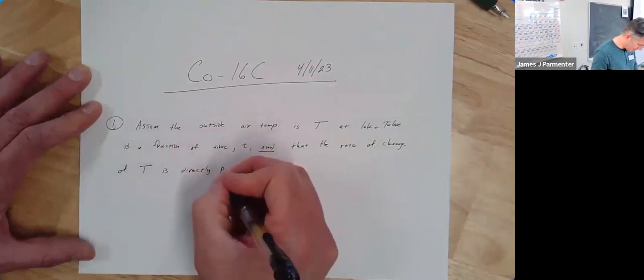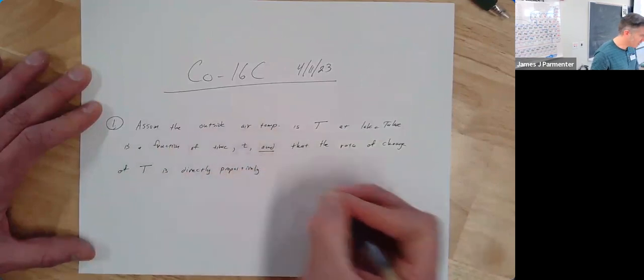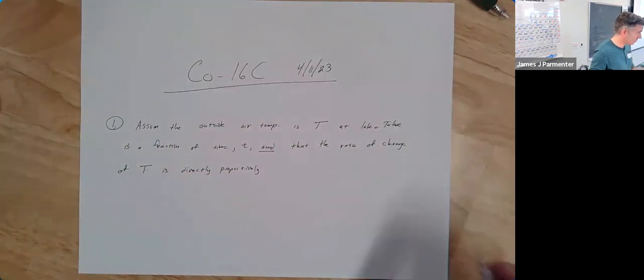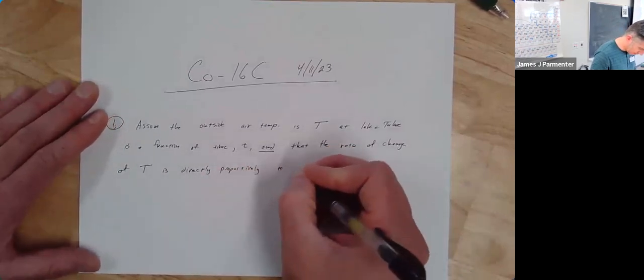Don't really need the word directly there. It's not giving you anything more. I suppose it's in contrast to saying inversely proportional. Directly proportional just means proportional to the time t.